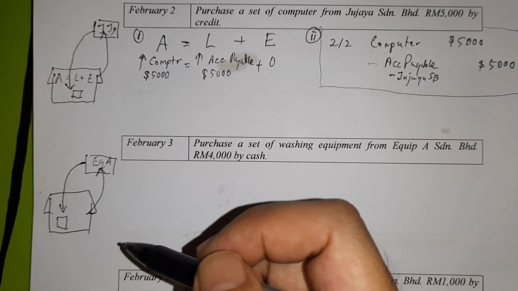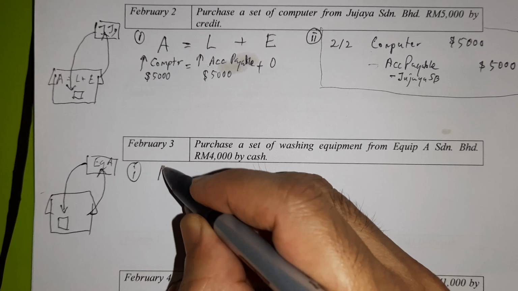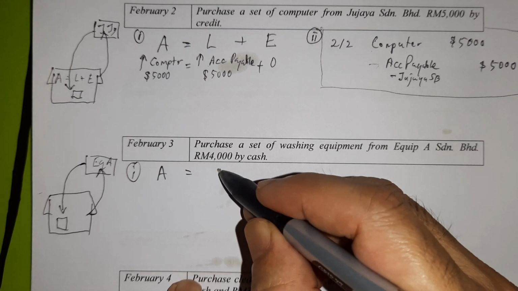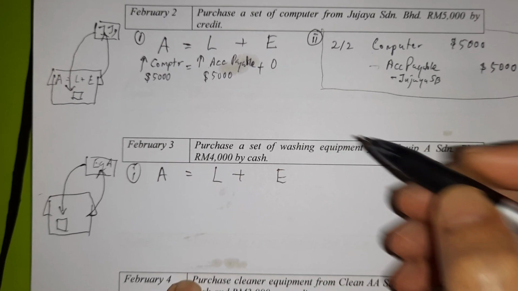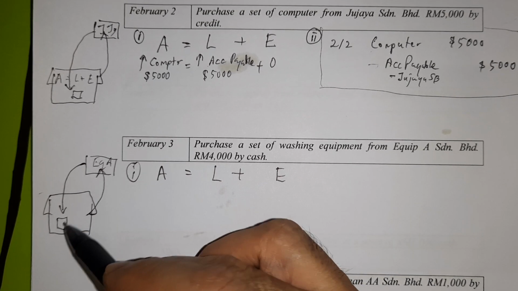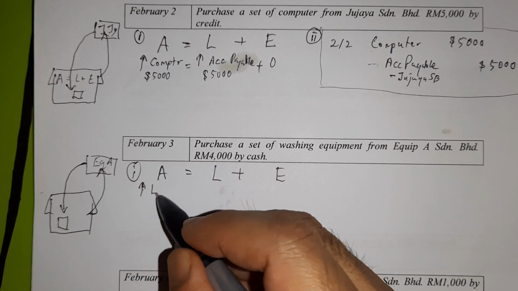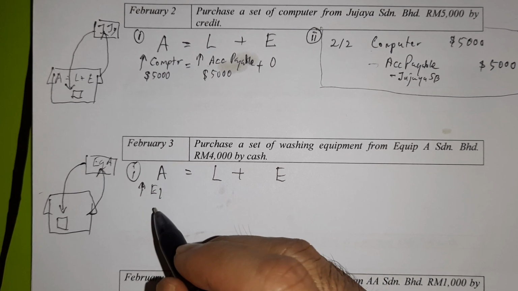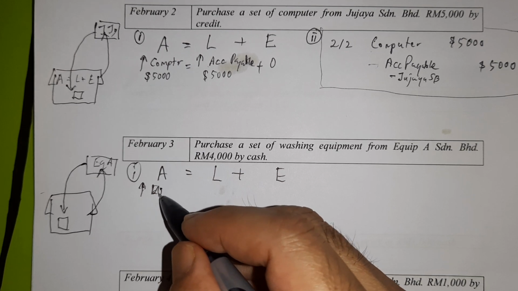Okay. So what is the effect of that on the accounting equation? Asset equals liability plus equity. Okay, now see here, there is no equipment before. Now the asset equipment increases. There is an increase in asset. The name of the asset is washing equipment.